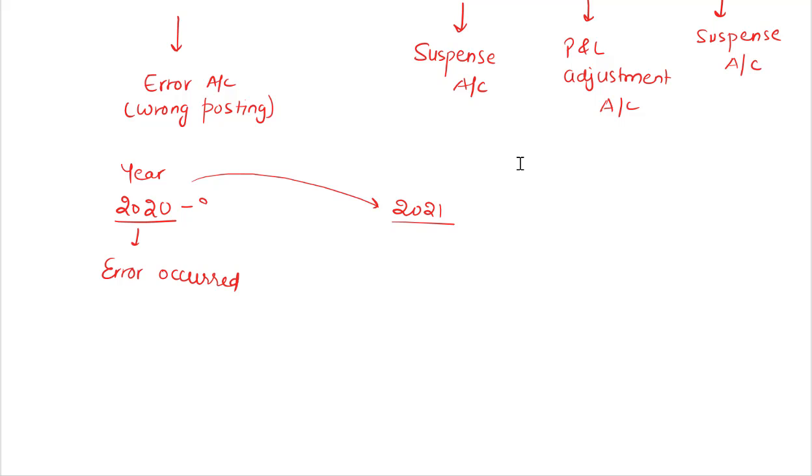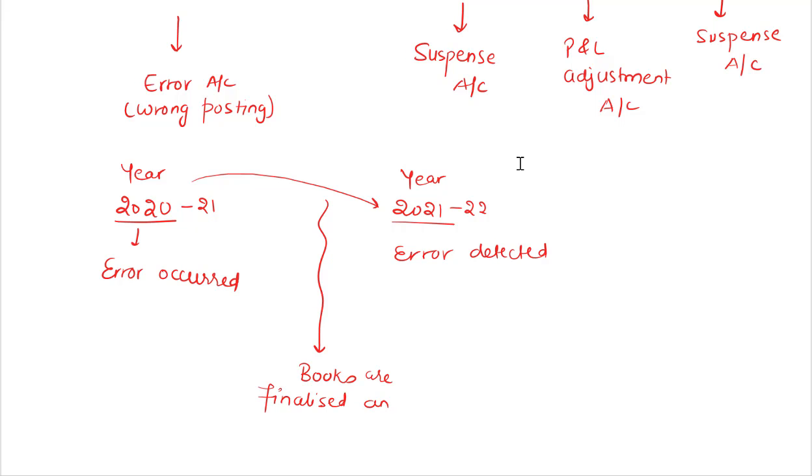So this is 2020-21, this is 21-22. You should understand that books are finalized in between, and final accounts are already prepared.